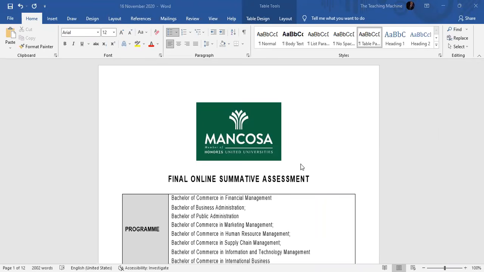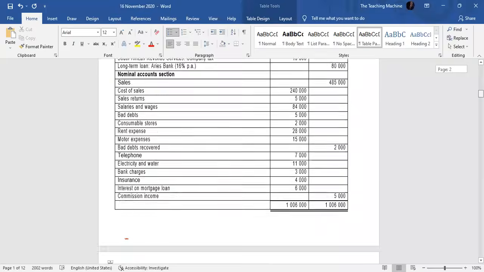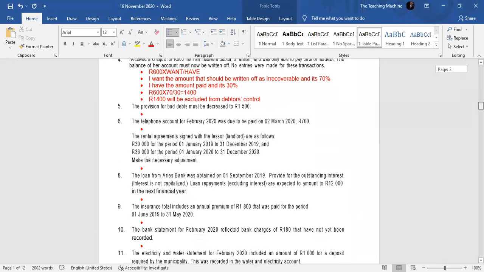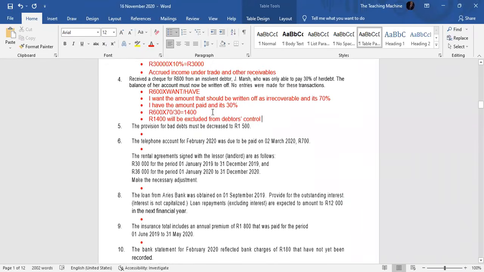Okay, I saw messages. The first one, so the 600 will be added to the bank. Let's discuss the 600. We are done with 1.4. Now, with regards to 600, it says received a cheque.